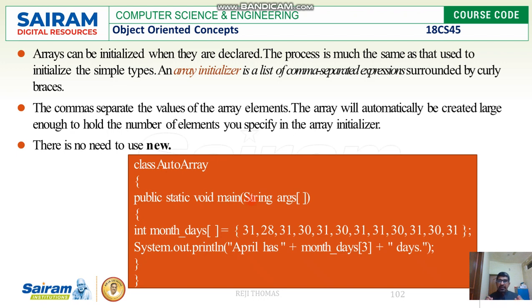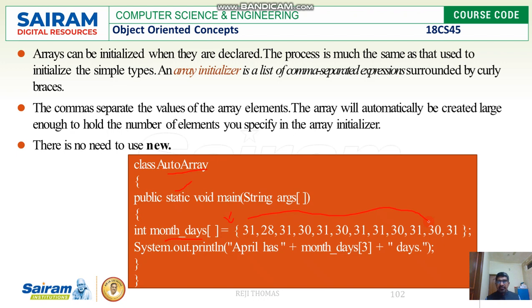If the array is initialized when it is declared, look at this example where we have taken a class called Array. This is the main function, and we have an array called month_days, and there is no new operator, because when I declare the array, I am going to initialize it. It takes the 12 months and initializes their values.